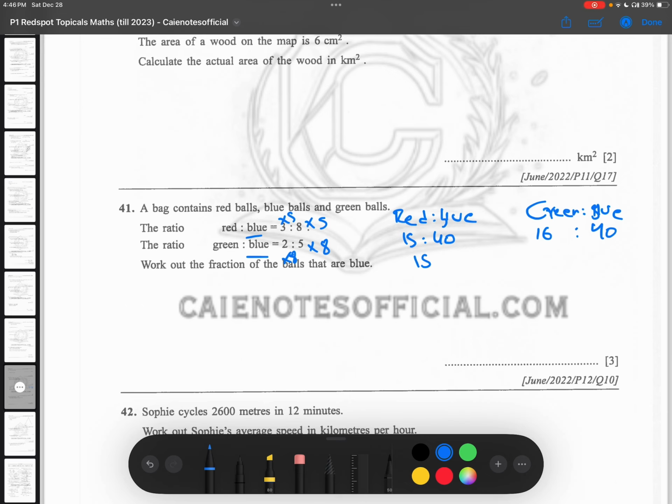We can write 15:40:16. 15 is for red, 40 is for blue, and 16 is for green. We need to find the fraction of the balls that are blue. So the ratio of blue is 40 and the total ratio is 15 plus 40 plus 16, which is equal to 71. 40 upon 71 is the fraction of the balls that are blue.